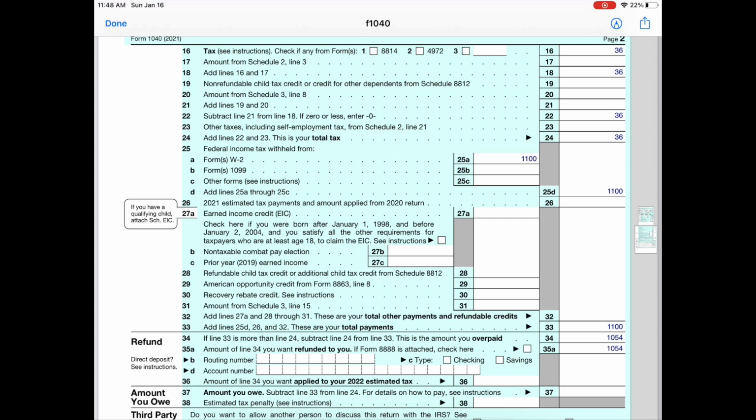A lot of it is really plugging and chugging, and you may have a little bit of math depending on if you're one of those people that may have to, let's just say, do some math as far as your child and dependent care credits and things like that. So you might have a little bit of math to deal with, but for the most part, you can solve this with pretty much just a regular or standard calculator. So don't get overwhelmed with what you're seeing.